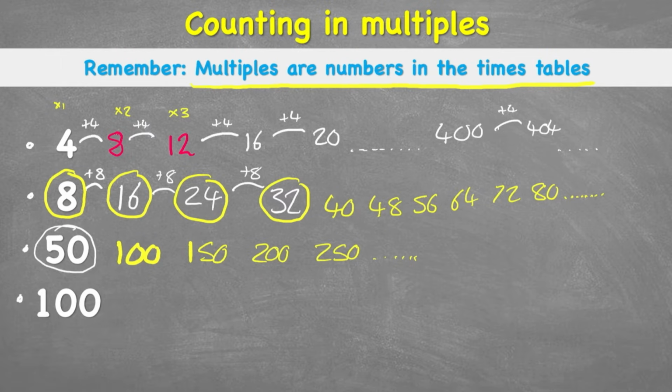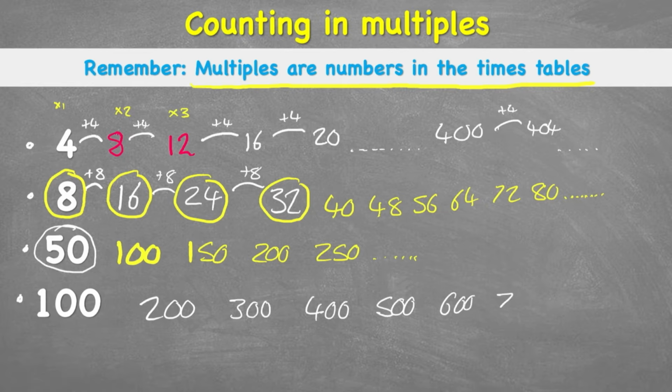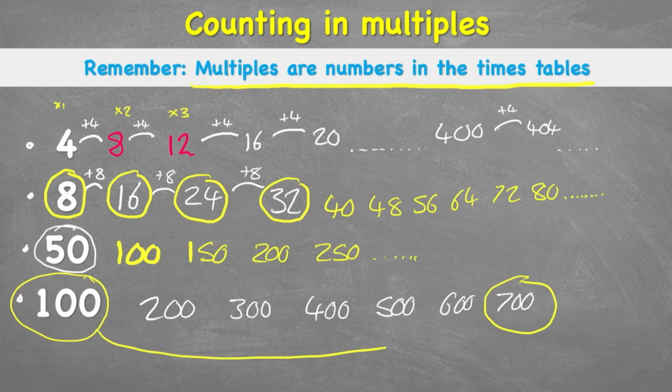And last but not least, let's look at 100. 100 is actually probably the easiest on this list because we have 100, then 200, 300, 400, 500. These are all multiples of 100. And let's just remind ourselves that we know it's a multiple because 700 is in the times tables of 100. They have a relationship.